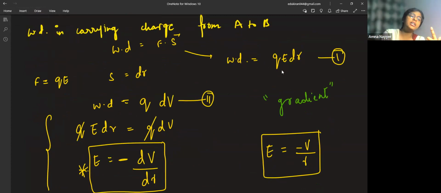And another work done that you obtain from the definition of potential, that is charge multiplied by potential. When you equate this with this, the charge gets cancelled, then you get the value of electric field. Madiha, Faiza, Tarif, all of you, I think only Tarif and Austin have done it, and one or two others. The rest of you have not done this derivation properly.